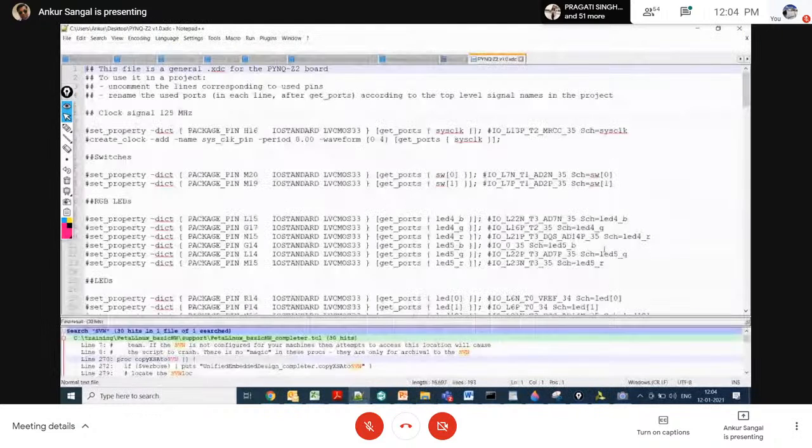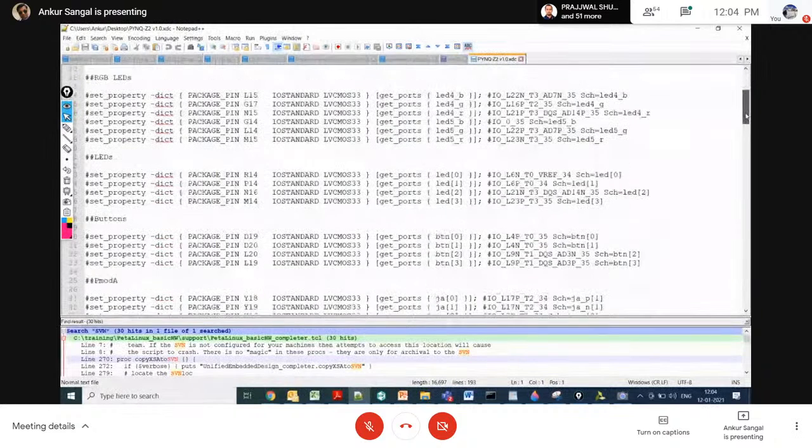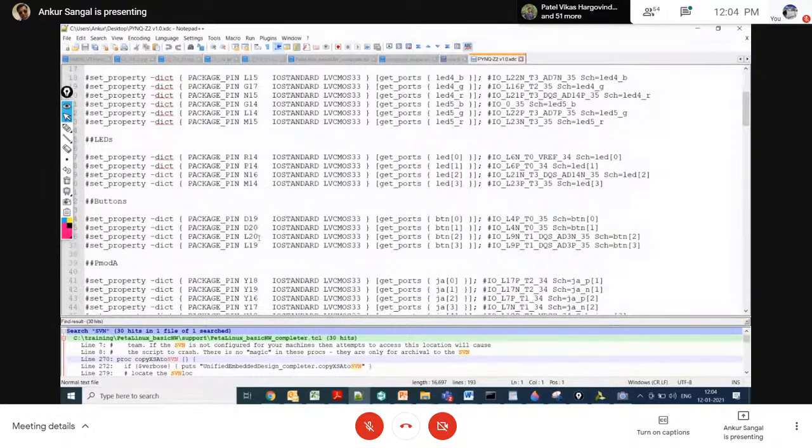You can see here the LEDs and switches we need for our design: D19, D20 and L20.